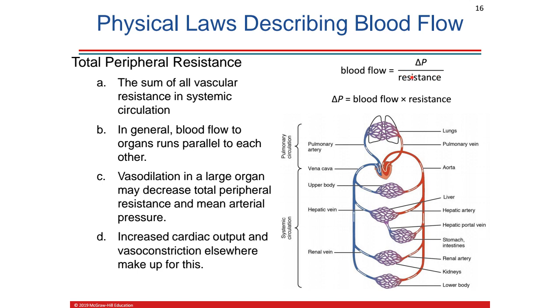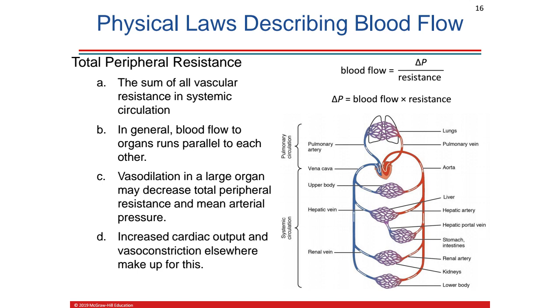Now, the other thing we can do with this equation is rearrange it. For example, we can multiply both sides by resistance, and now we have delta P equals blood flow multiplied by resistance. Remember, delta P is going to be our mean arterial pressure when we're talking about the whole systemic circuit. So mean arterial pressure equals blood flow, which will be the cardiac output, multiplied by resistance.